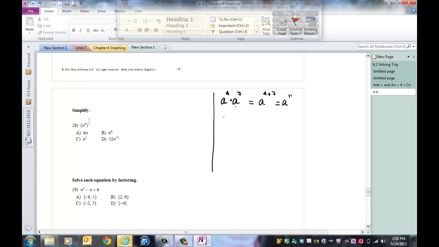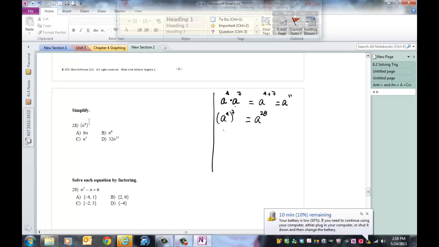If you have, in this case, like we have in this problem, a power to a power, this is that situation where those powers get multiplied. 4 times 7. If you are dividing, so I have a to the 4th divided by a to the 7th, this is where you subtract.